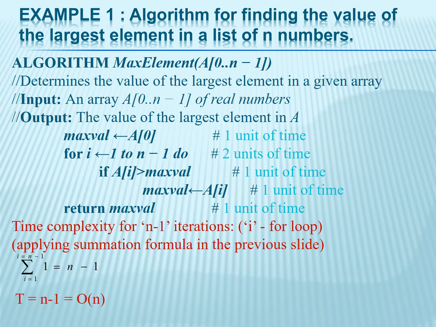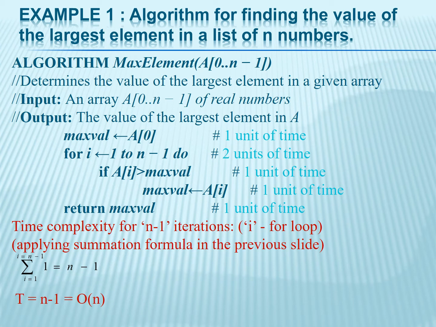If the element compared is greater than the maxval value, then maxval takes the value of the element that is compared. At the end of the loop, maxval holds the largest element in the list A, and that value is returned.